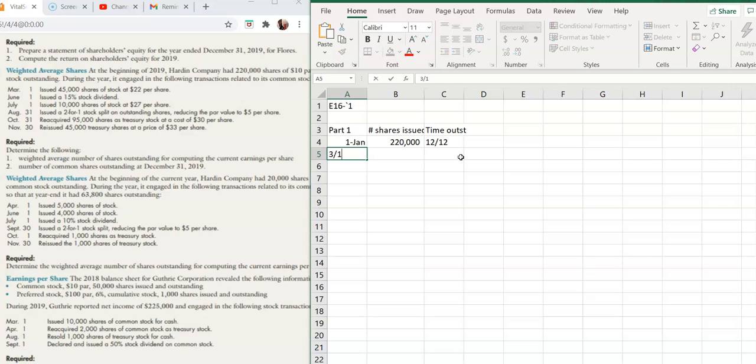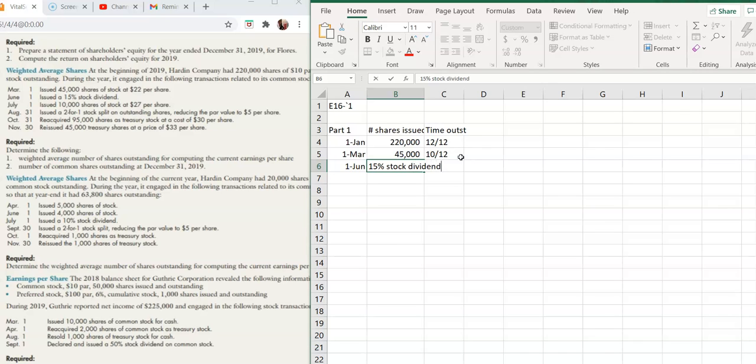Then on March the 1st, we issued 45,000 shares for cash, just a regular issue. So they're issued on March 1st, which means they're going to be out for 10 months, 10 out of 12 months. Then on June 1st, they issued a 15% stock dividend.